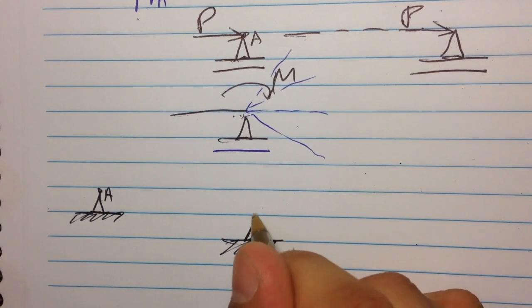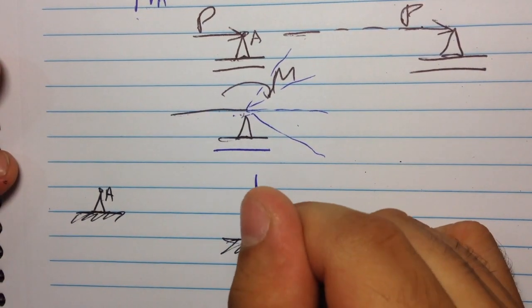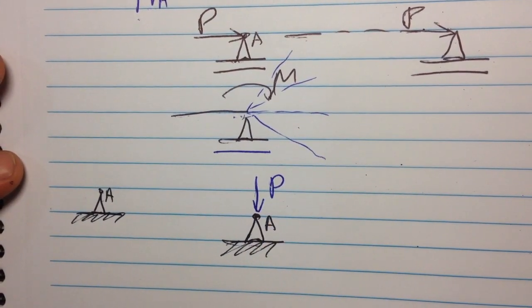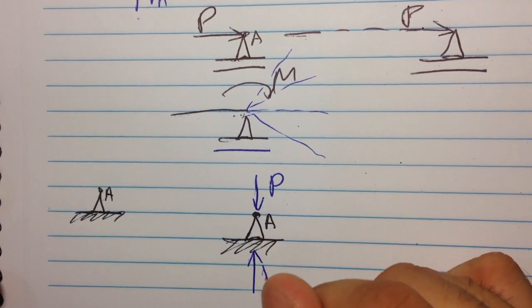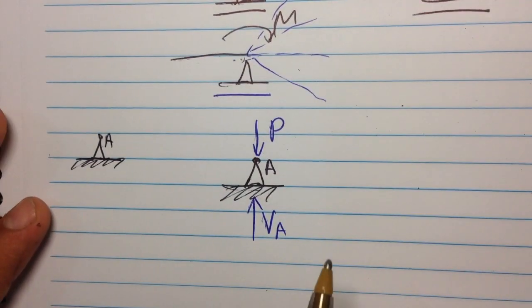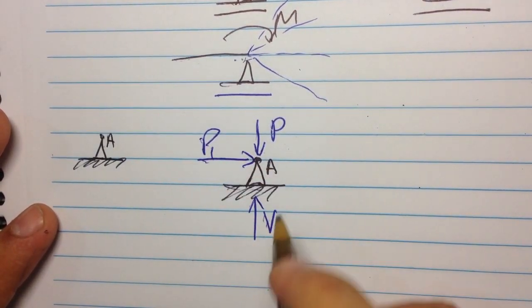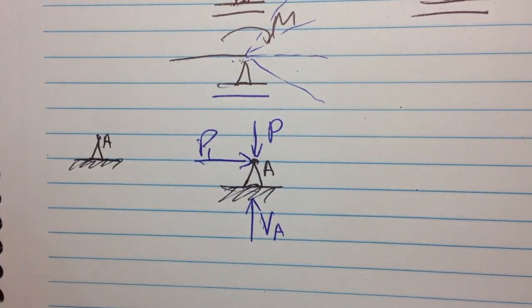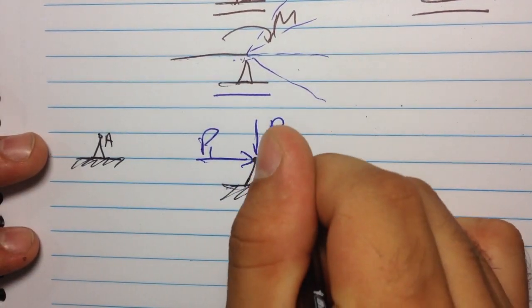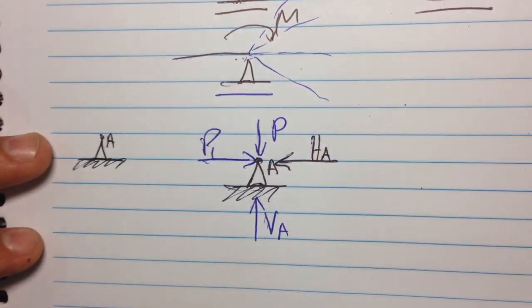If I have a pin support, let's call this point A, and apply a load in a downwards direction, we're going to generate a reaction called VA. And if we apply a load called P1 in a horizontal direction, we're going to generate a horizontal reaction from the support called HA.